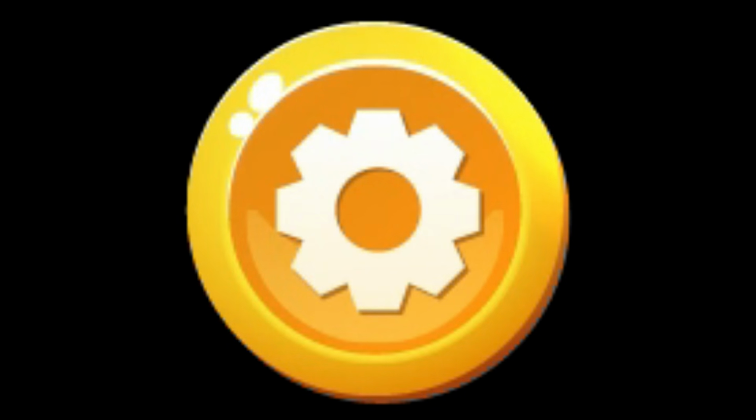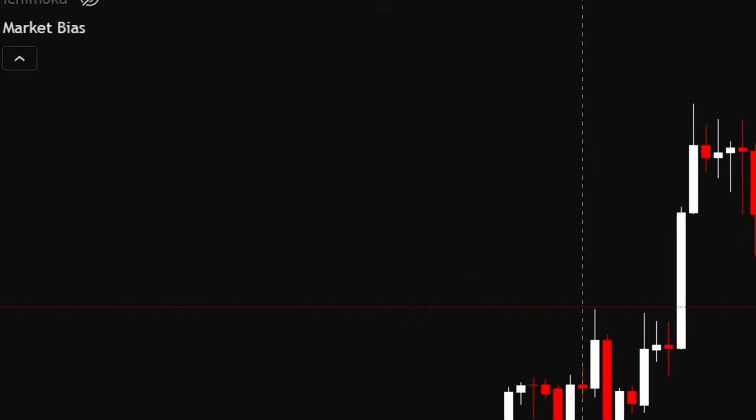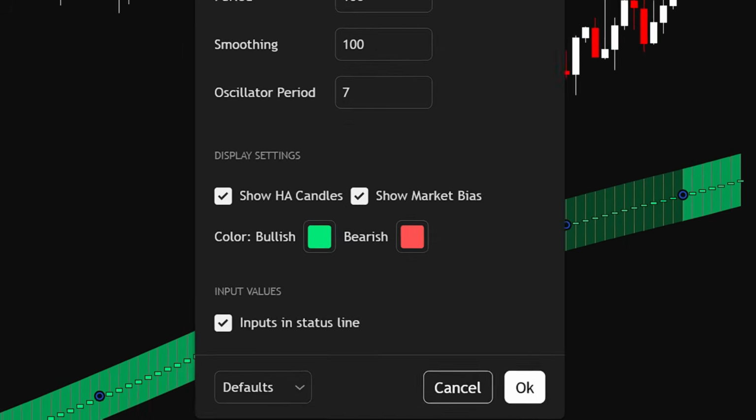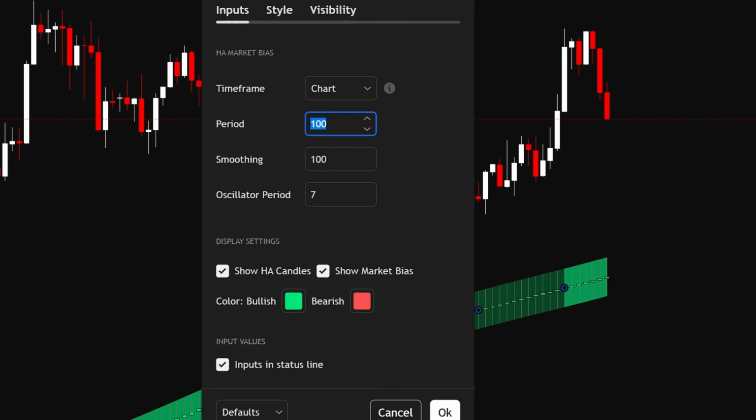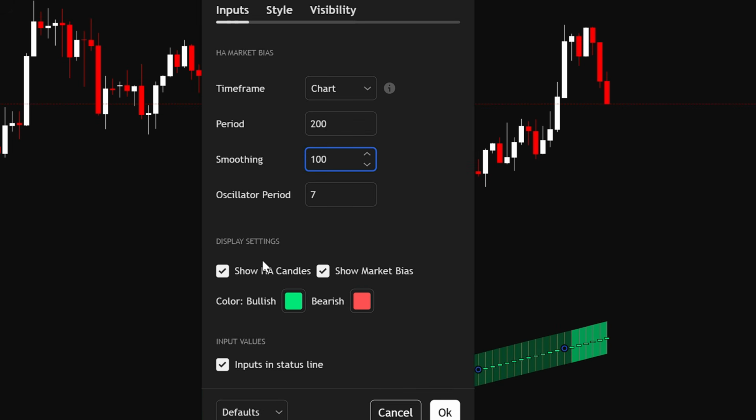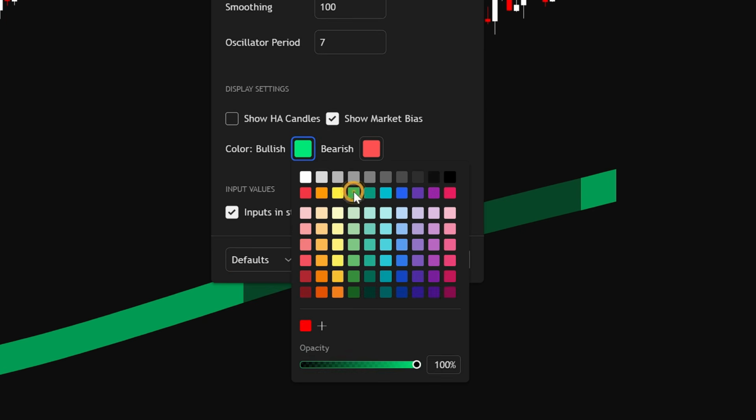So here's what we do. Go into the settings, change the period to 200. Then scroll down and disable the HA option. Boom, that's it.